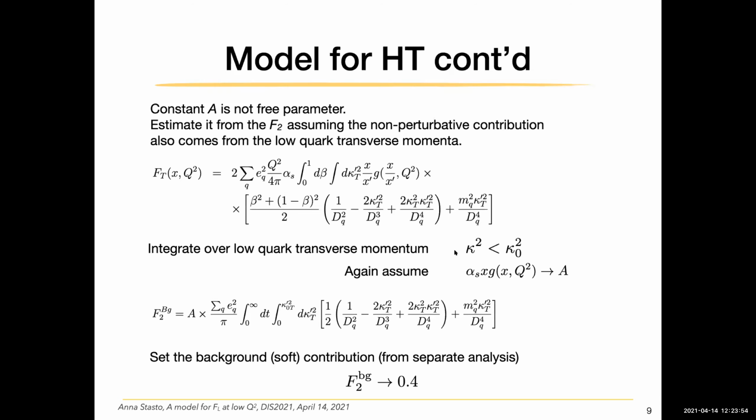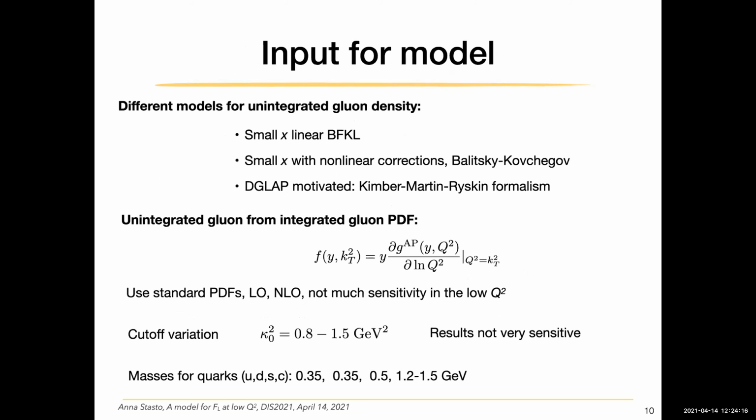Again, we assume that the same alpha s times the gluon is a constant, and then we get some contribution from this non-perturbative region, which has a compact expression. We interpret this as a soft contribution that was essentially found from a separate analysis to be about 0.4. So this is how we determine the higher twist contribution.